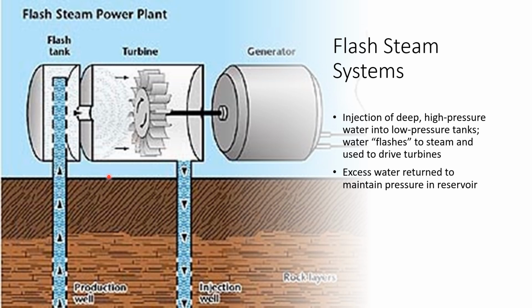You have very high pressure water, and that is going to go into a low pressure tank. That process, the flash, turns the water into steam. So we're using the pressure differences in order to get steam out of water and then turn the turbines. So this is steam, that's water. And excess water, of course, is going to go back into your injection well.